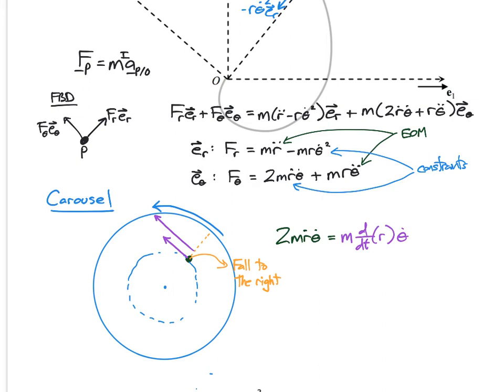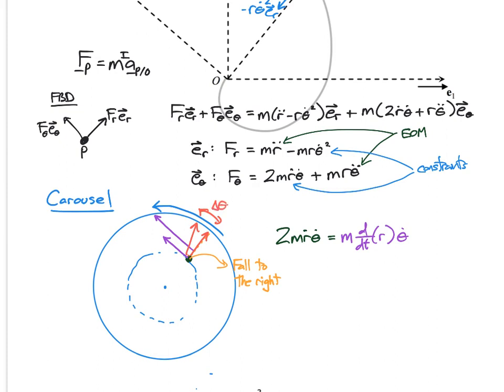And so the next piece that we need to look at is that by moving out, we have a change in the radius. And so we have that r dot term, and that r dot term, as the carousel is spinning in this clockwise direction, is changing its direction as well. And it's changing its direction by this delta theta term.